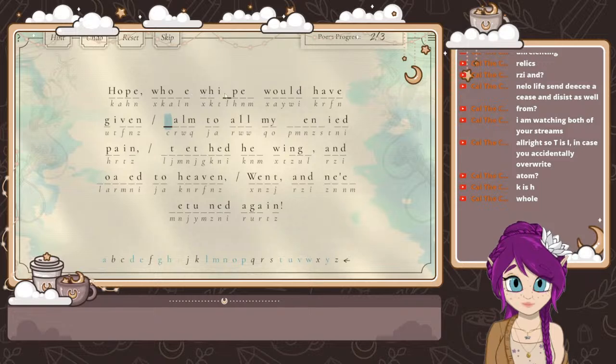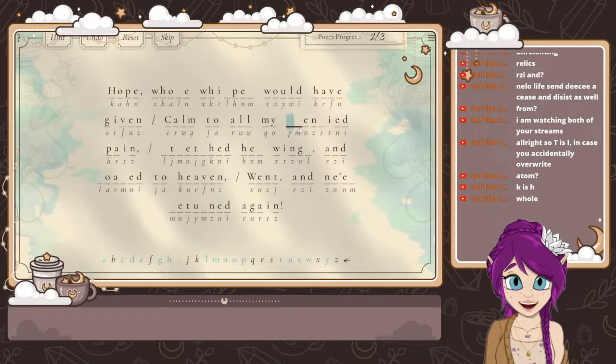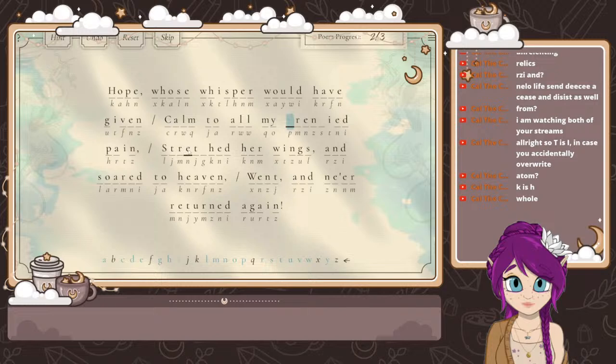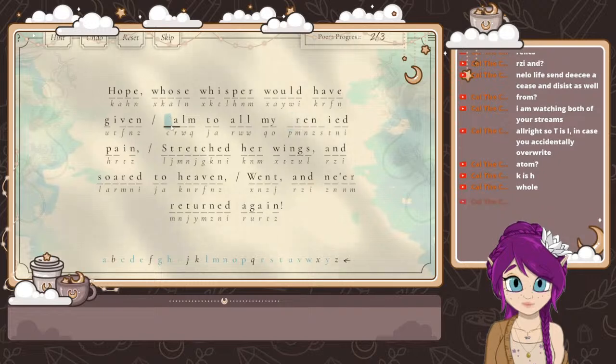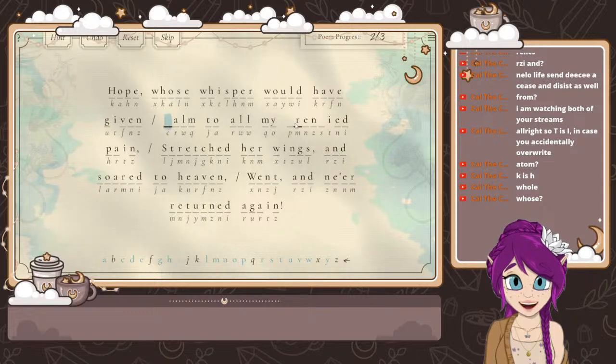Hope would have given calm to my perceived, no, her wings and soared to heaven. There's a letter wrong somewhere. That's okay. Stretched to my whose?